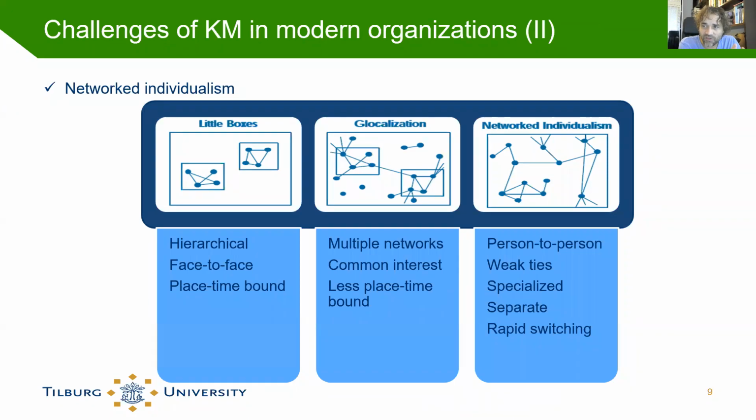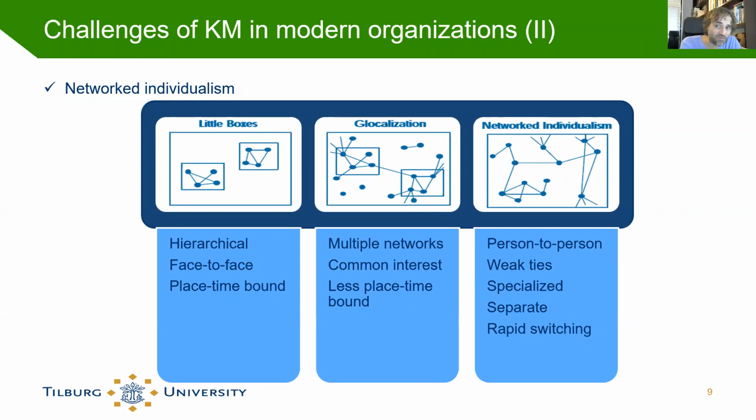The network individualism. So people are more person to person. They work maybe as a freelancer for different organizations, or even if they work in a specific organization, they work in many different projects. So the whole structure of an organization becomes more individualized and less boxed and localized.